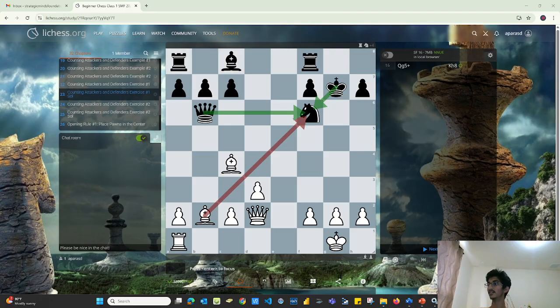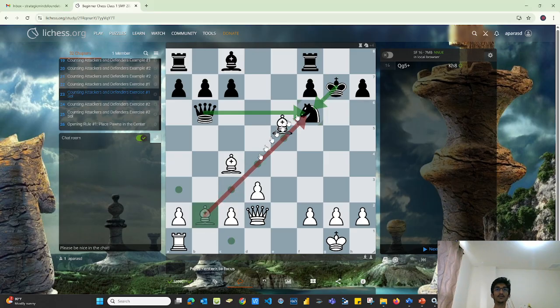It is a bad trade. So I see where you're coming from, that it's a bad trade because there's only one attacker and two defenders. But in this case, it's actually an okay trade.